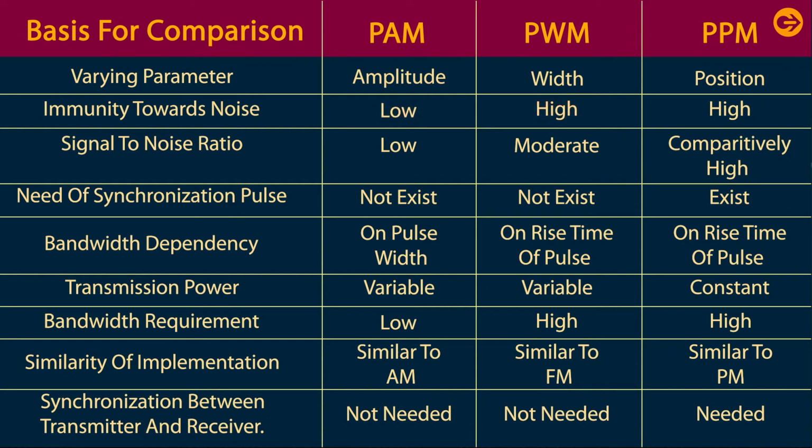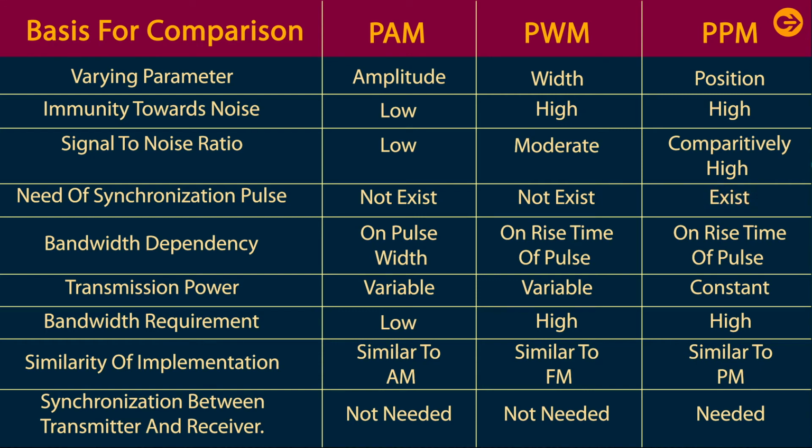In PPM, it is also high. The signal to noise ratio or SNR in PAM is low. In PWM, it is moderate. In PPM, it is comparatively high. Then the need of synchronization pulses. In PAM, it does not exist. In PWM, it also does not exist, but in PPM, it does exist.